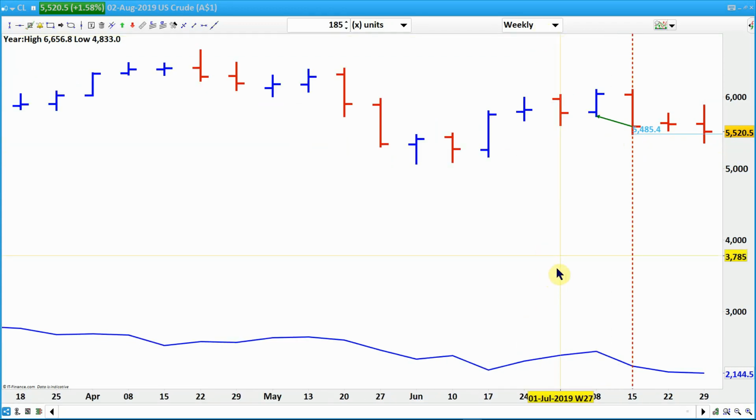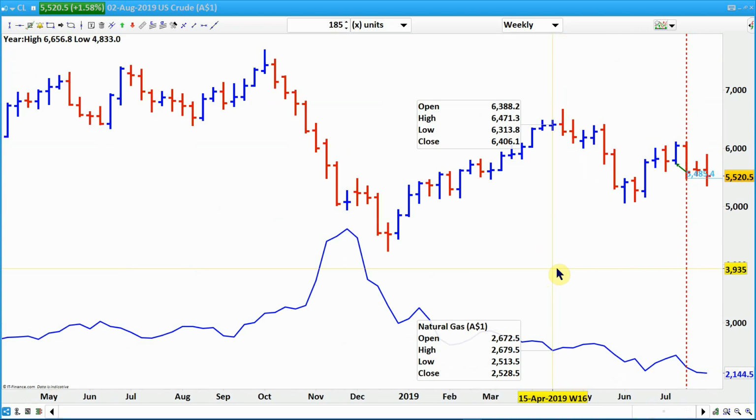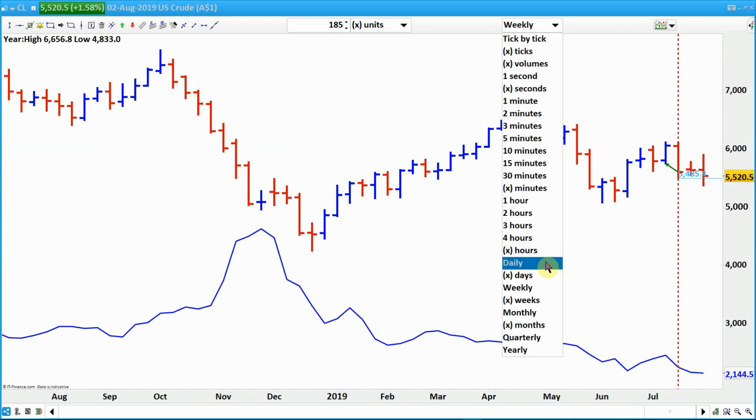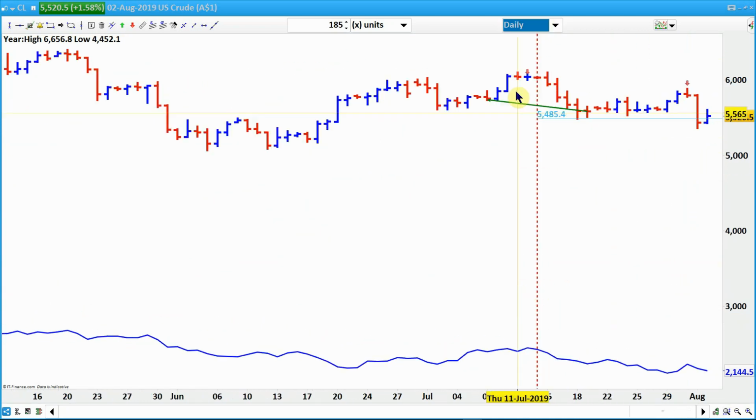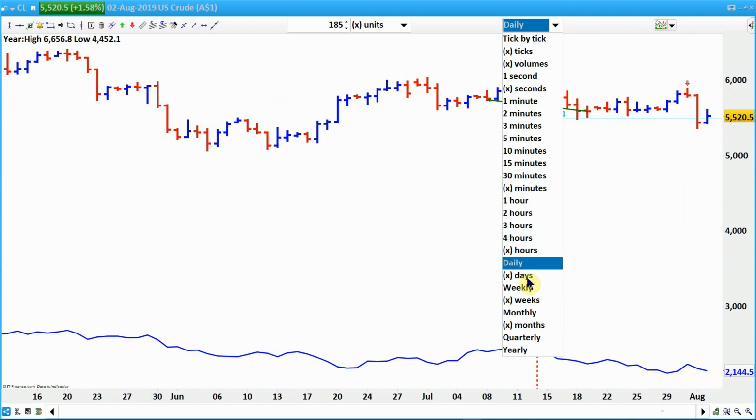So we go to the daily to see what is happening now, or 2 day. For example, let's start with 2 day and then we'll go to daily.